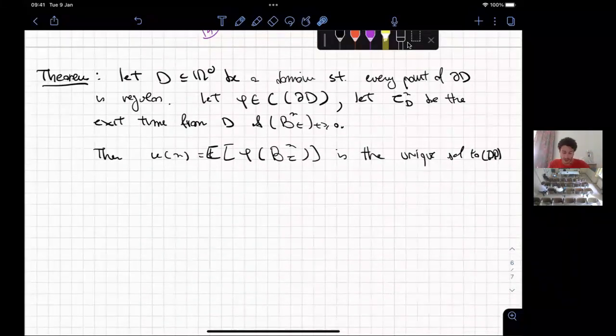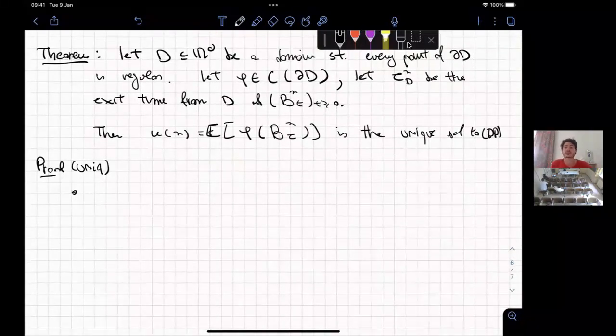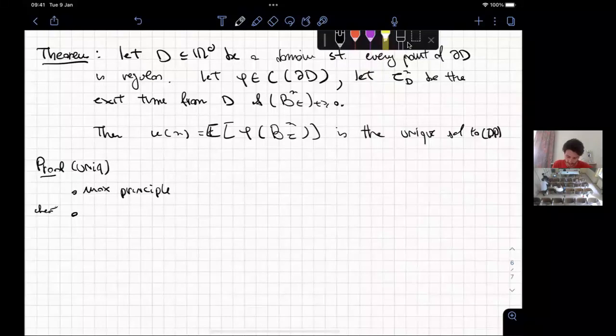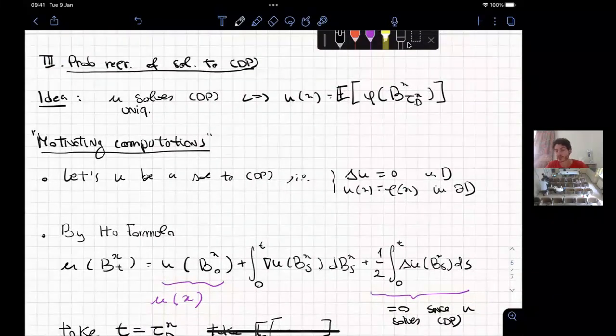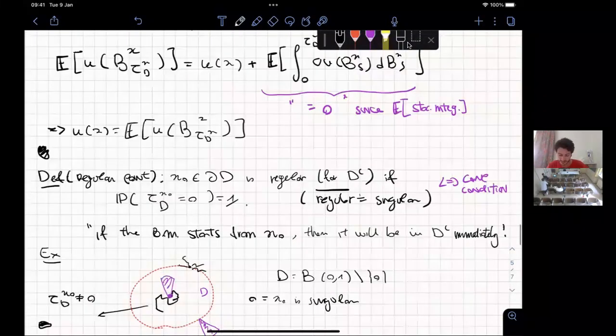Now, the proof of uniqueness is easy, in the sense that the correct way to do that is to use the maximum principle. I won't want to do that. Or another way is using the argument I showed you before. So just take a solution and show that it must be of this form.